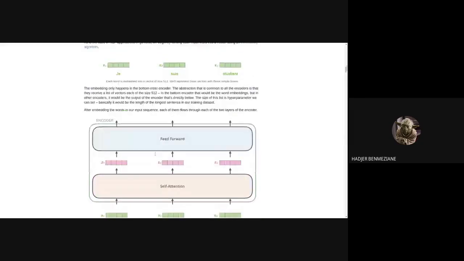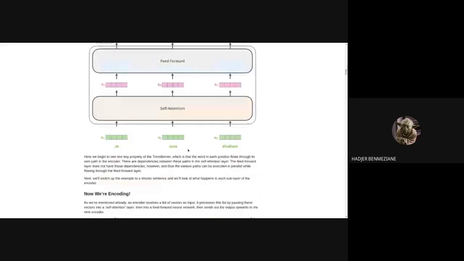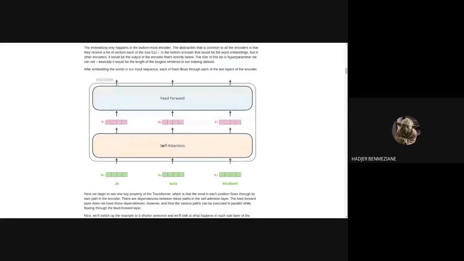So here we have "je suis étudiant", and then we have the embedding form of each word, x1, x2, and x3. We go to the self-attention layer, apply the self-attention on each word, and then get Z1, Z2, and Z3, and then a feed forward, and we get the result of the encoder layer.